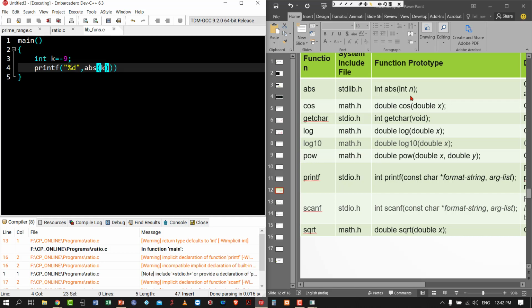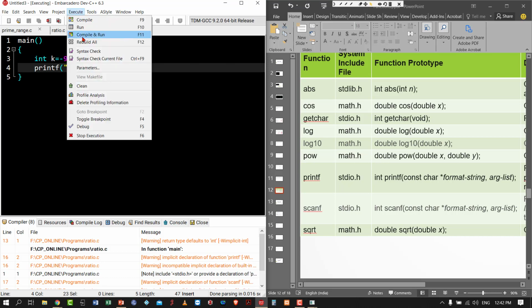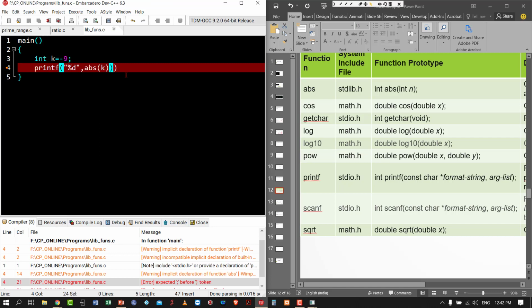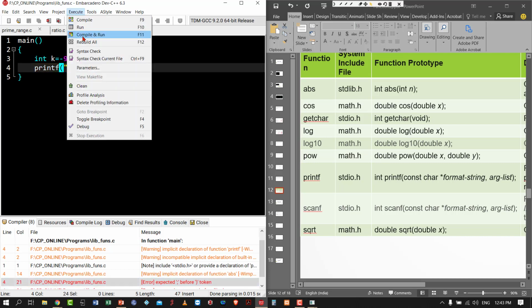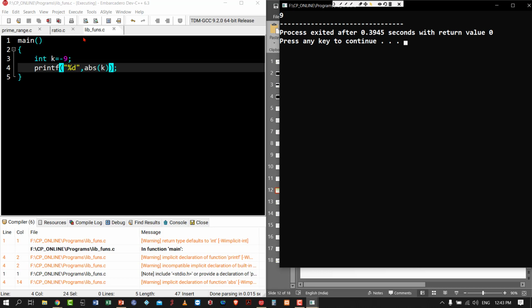No need to write the definition because abs is already predefined. So I'm just executing the program. Here I missed the semicolon, so that's an error. Again I got some error. Okay. So k is -9, but absolute of -9 is 9.